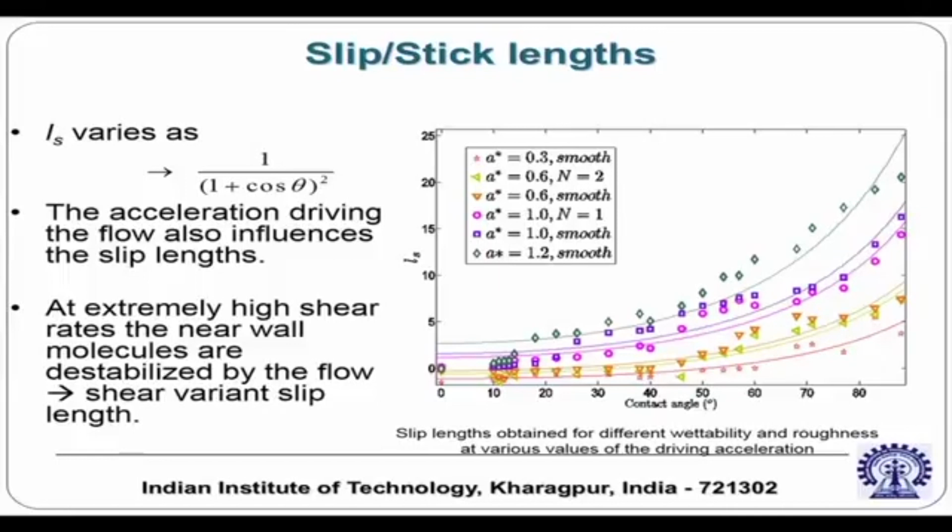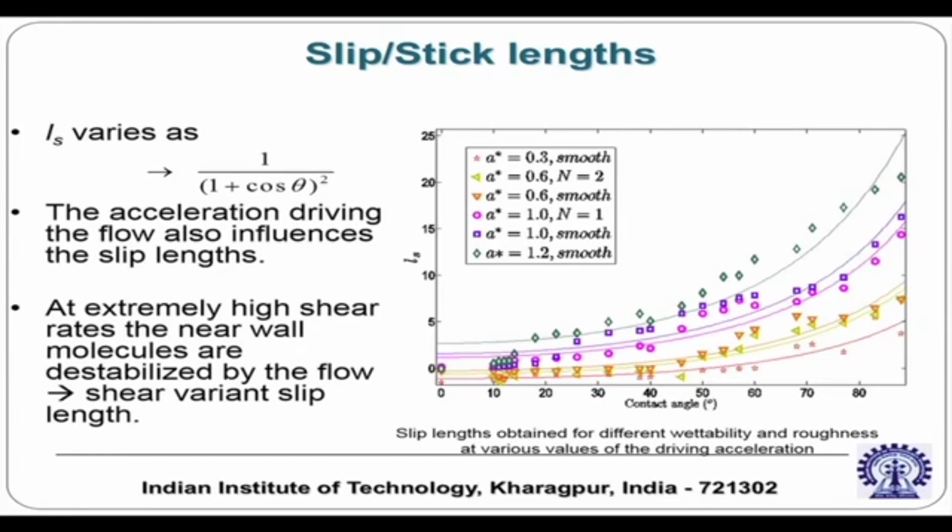But what we have found out is that slip length is not just a function of the contact angle but also a function of the driving acceleration. In this graph we plot the slip length as a function of contact angle for different non-dimensional driving accelerations A star, which we will define in the next slide.